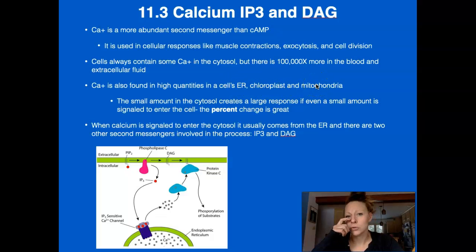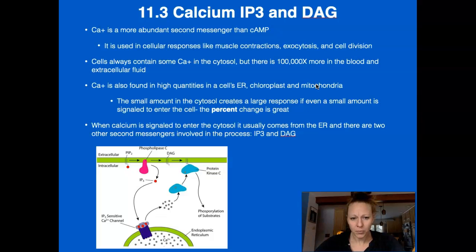And so this process is going to open up the membrane to allow some of that calcium into the cytoplasm. And so remember that there's not usually much calcium in the cytoplasm. So even if we increase it by a little bit, it's going to have a large change on the percent. The percent change is great.